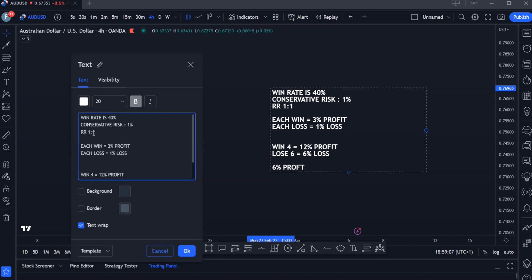Look at it as a business. Why would you go into a business where your risk is higher than your reward? That's not business. Why would you start a business where the chance of you losing money is greater than the chance of you making money? It's not a smart move.